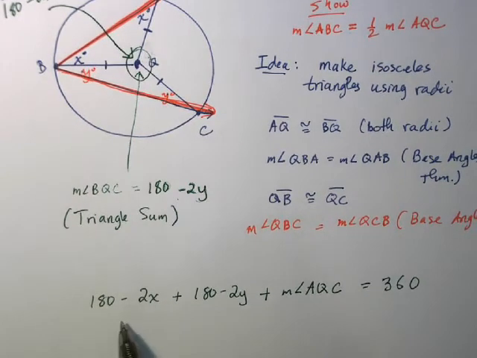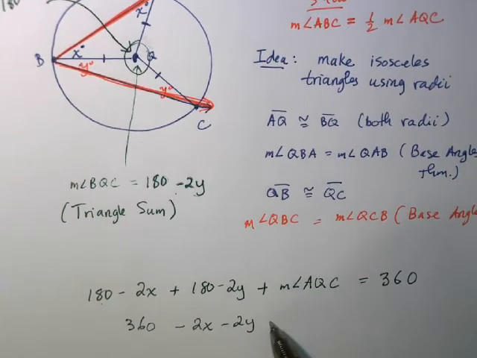Okay. And now we do a little bit of algebra. So on the left side here we have 180 and 180, so that's 360 degrees, minus 2x minus 2y, plus the measure of AQC is equal to 360.